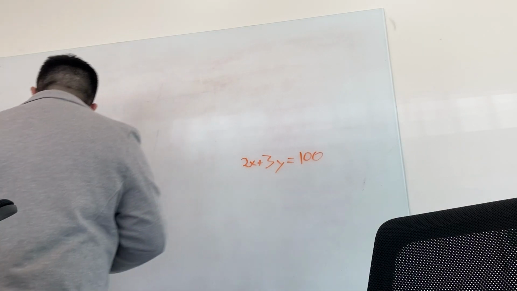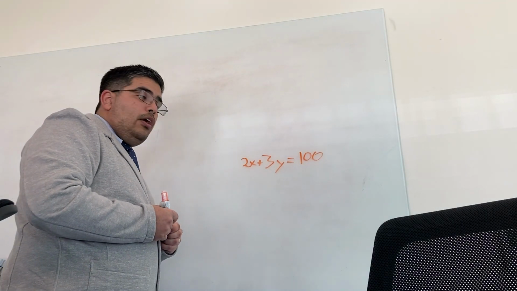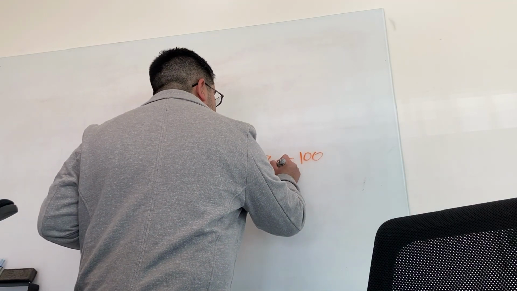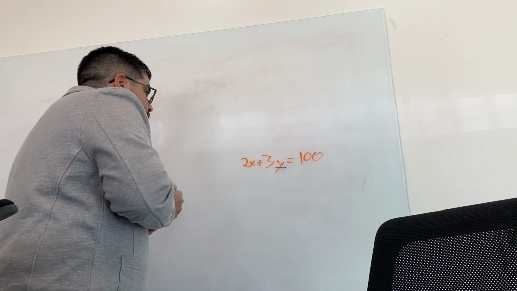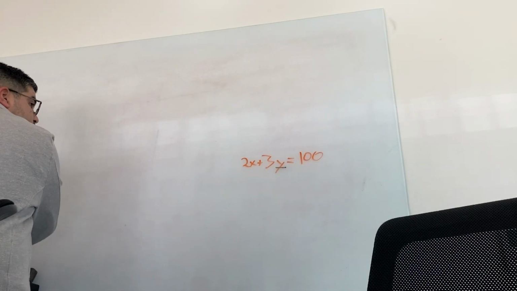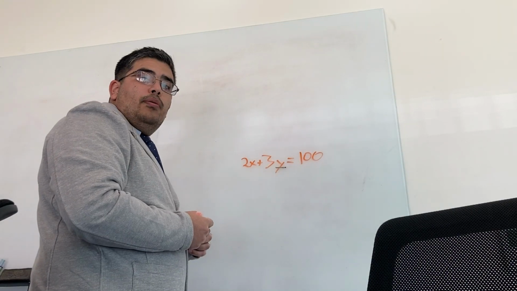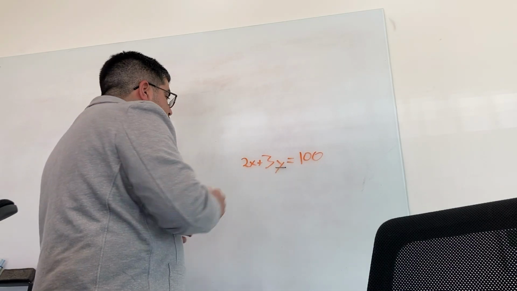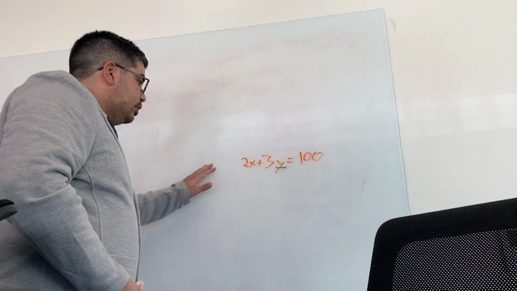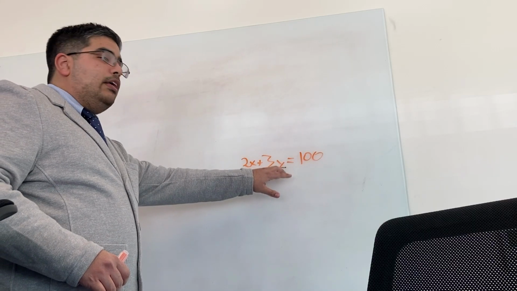To convert this into slope-intercept form, we have to solve for the y variable. Before we can even touch the y variable, we have to get rid of the terms that are not part of that term. The 2x is not part of the term that contains a y.